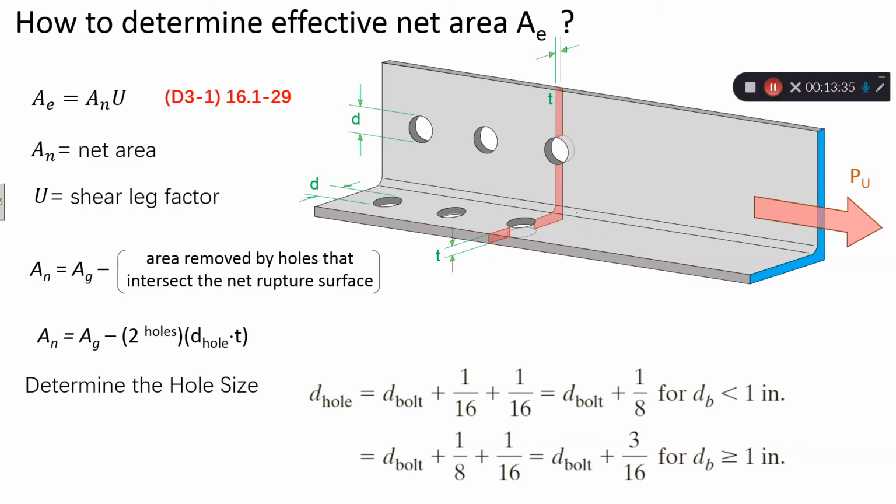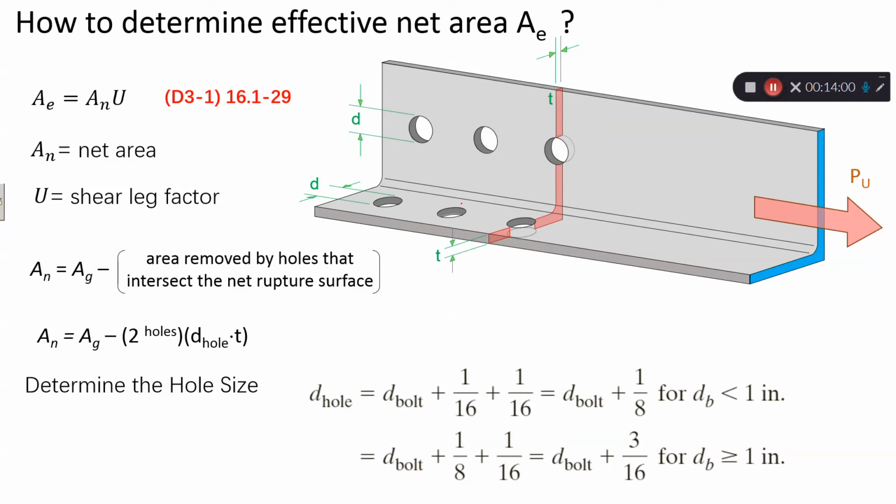And there are two holes. Two holes need to be deducted from the gross cross-sectional area. So that's going to be 2 holes times the diameter of the hole times the thickness of the angle. We're assuming the thickness of the angle is the same for both legs.